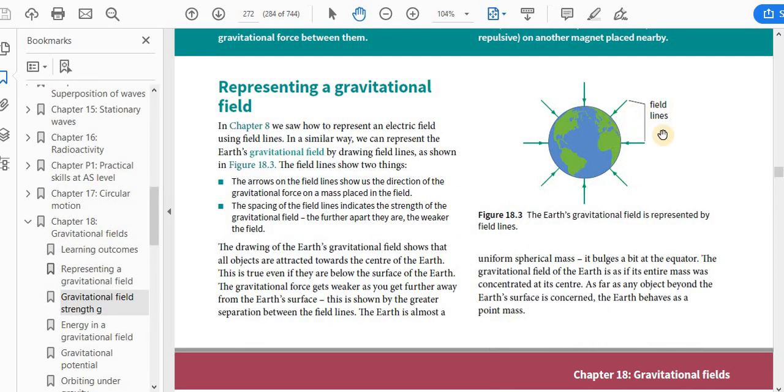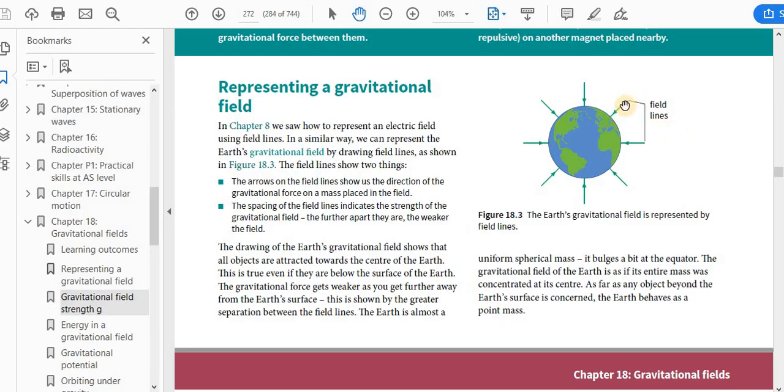This is how we represent the gravitational field. Similar to the magnetic field, these are called field lines. We use them to represent the gravitational field and also the direction of the gravitational field. The direction of the gravitational field is the direction in which the gravitational force will act.